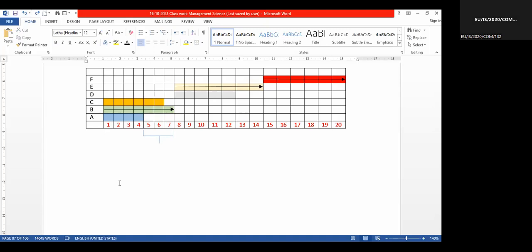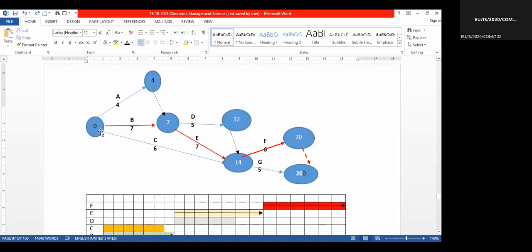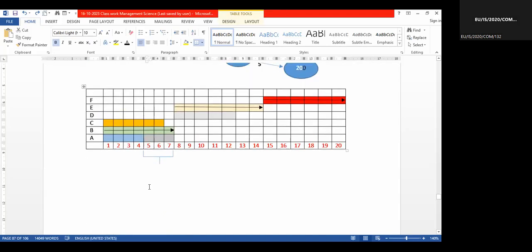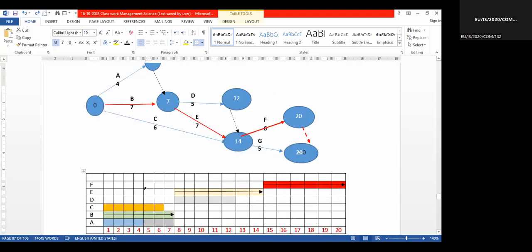1 day. Now you see in this diagram, how many days can we delay A? Because it's 7 days and it requires 4 days, 7 minus 4, a 3-day gap is there. That's what is shown in this diagram, 3 days. Similarly, look at this C. C is 6 days.